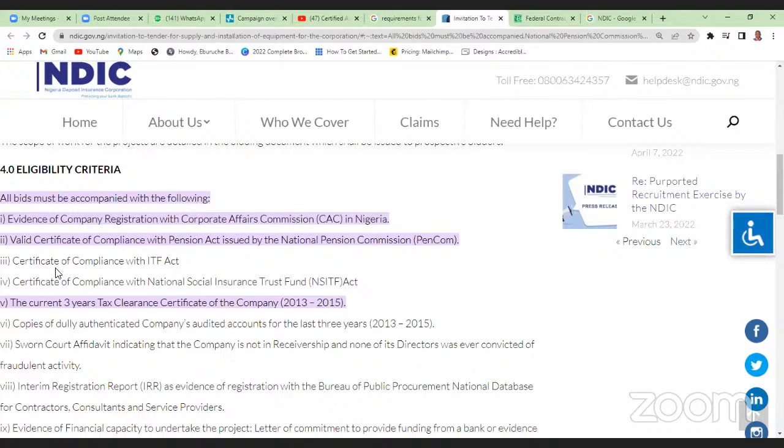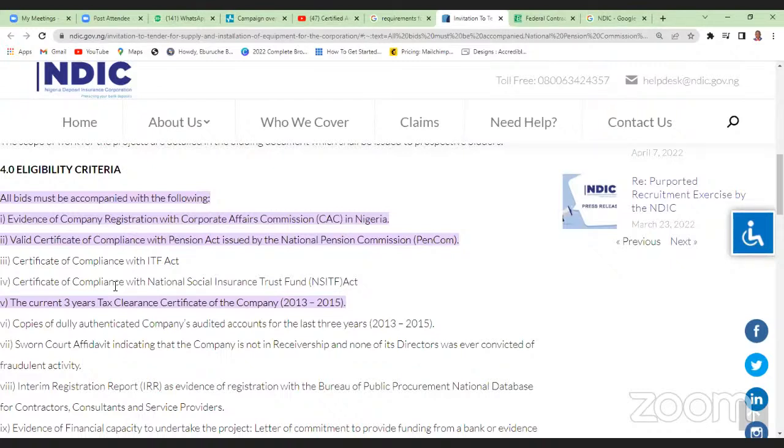Secondly, you have your valid certificate of compliance with PENCOM. So you apply to PENCOM. Before you apply, it is good you have a company pension account with any certified PFA, pension fund administrator. You have a whole lot of them in Nigeria, and I'm not going to mention them.